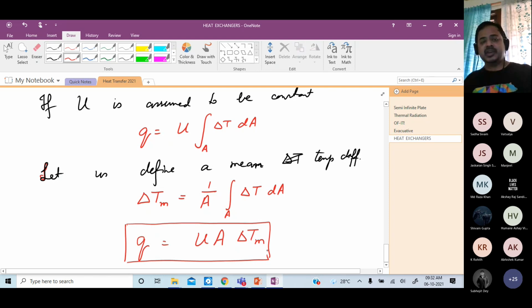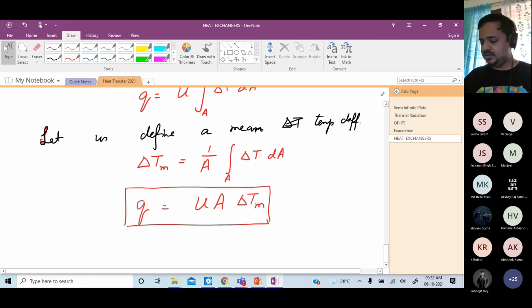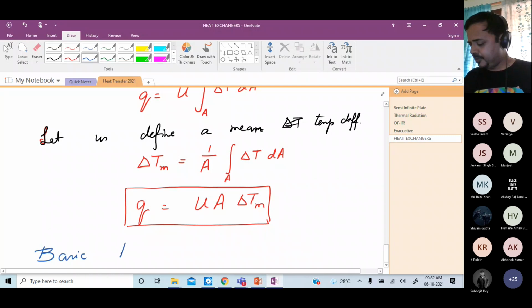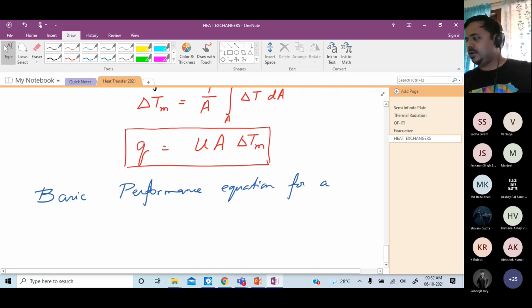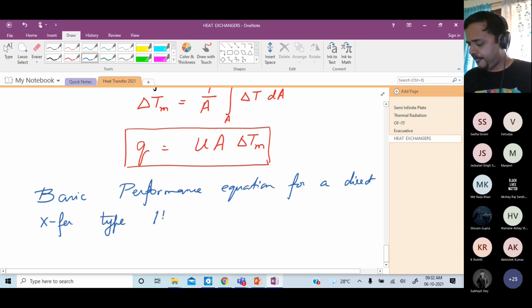So this, my friend, is the most basic performance equation for a direct transfer type heat exchanger. Heat exchanger is often termed as HX.